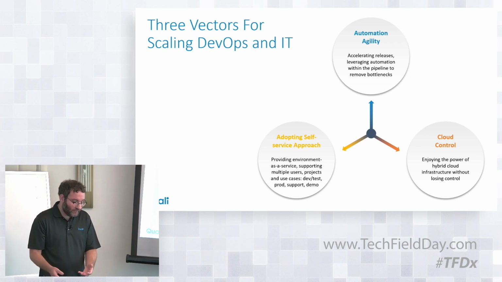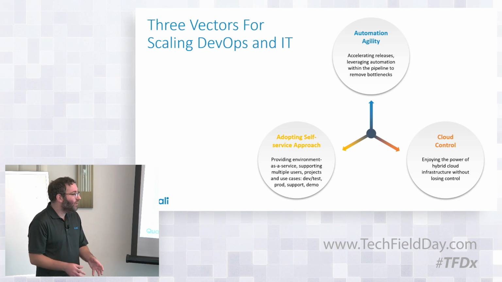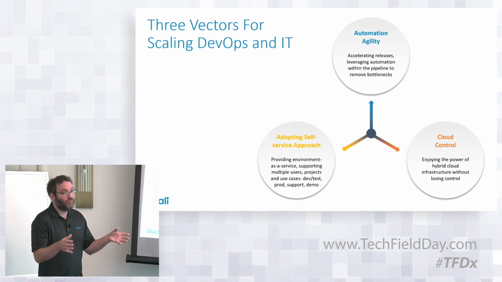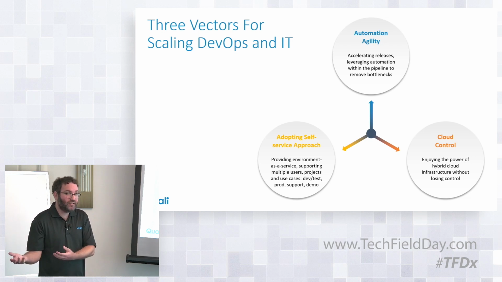What I really like about our product is that we're a unified platform for all three of these vectors. We take all of them into consideration in our platform. This really helps break silos and ensures that IT is comfortable with adopting our solution, because they have complete visibility into what's going on, what activities are in place, what environments are being spun up.